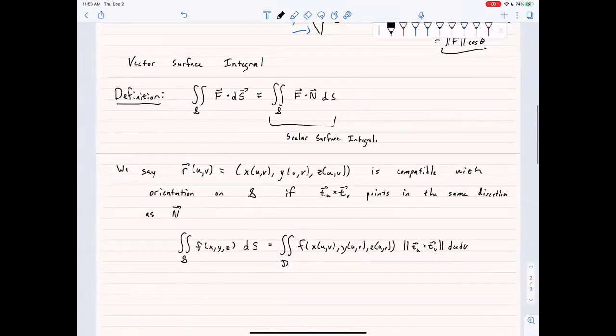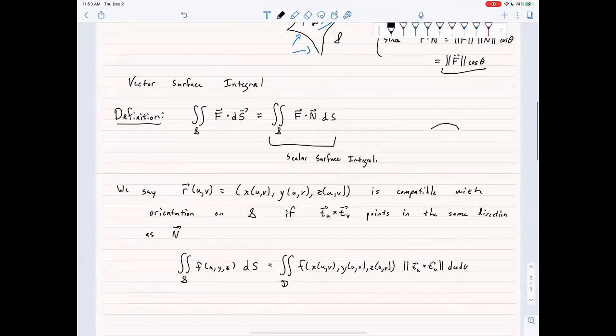So if I have a surface and I take these two tangent vectors, T_u and T_v, say this is T_u, this is T_v. If I take their cross product, one thing we know about the cross product is that we should get something orthogonal to both of these vectors.